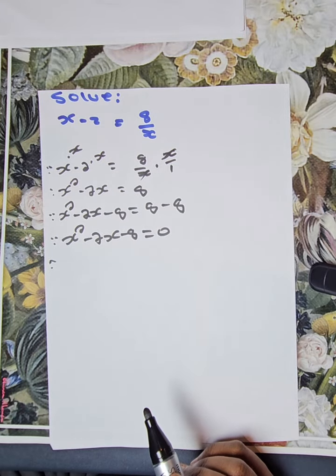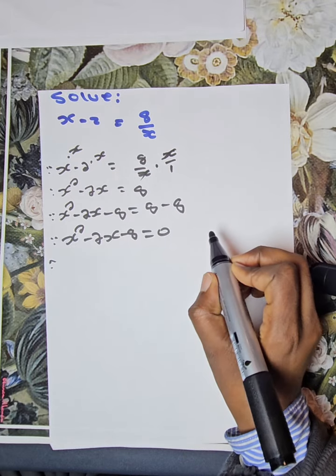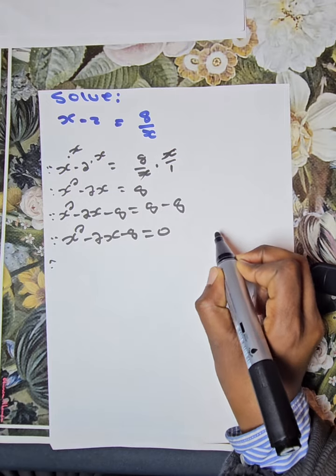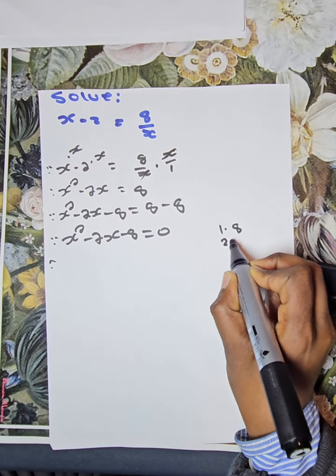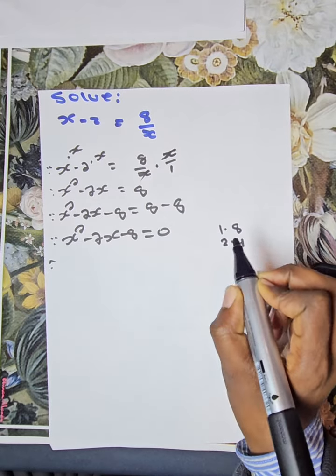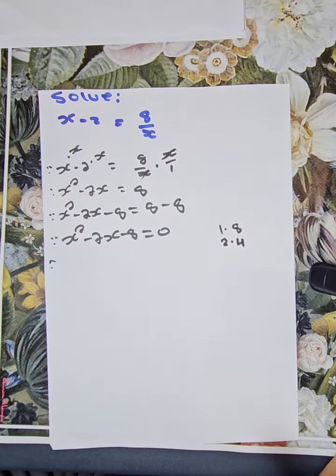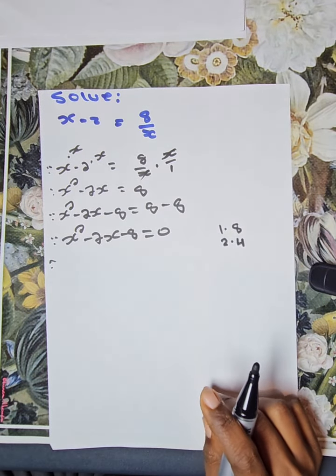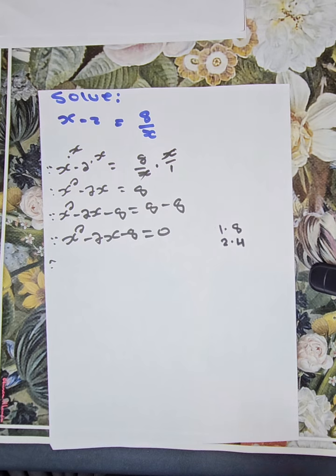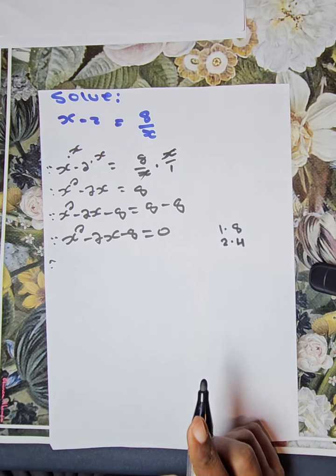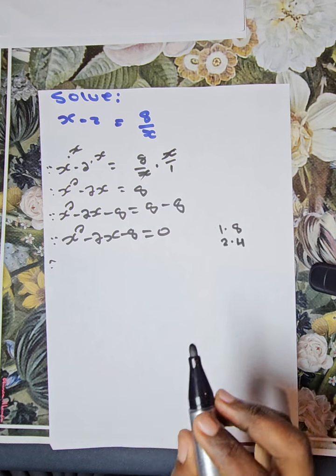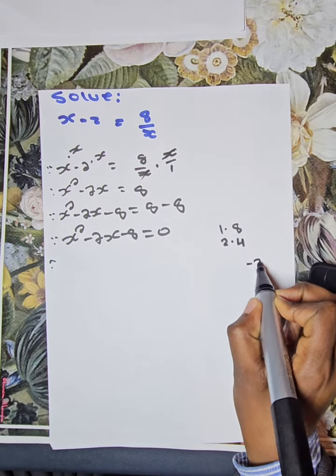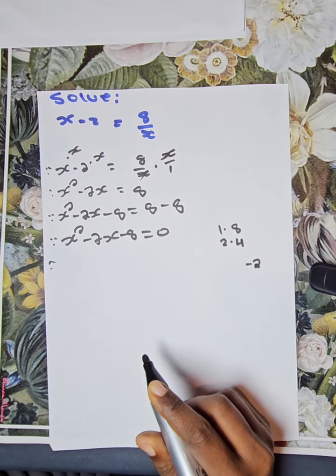Now, we have to find the factor pairs of 8. It's 1 times 8, also 2 times 4, using natural numbers. Now, we have to find the pairs that will give us the coefficient of the x term, which is minus 2. How?